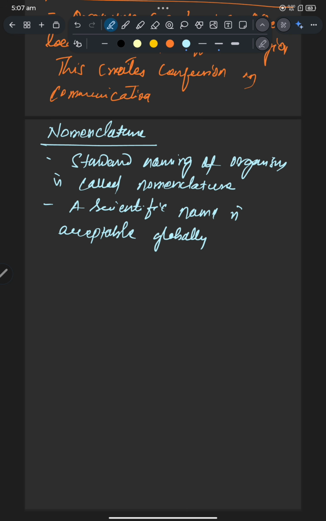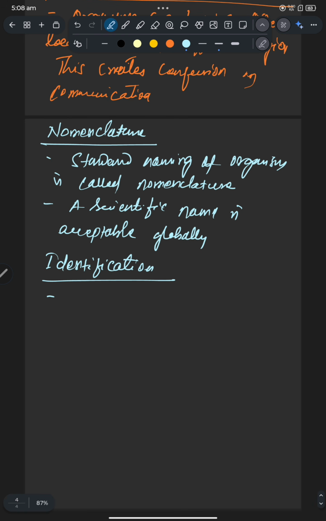Now the next question arises. When will we give them a name? Unless and until they are identified. Okay, so the next step comes: identification. So what is identification? It is recognizing and correctly describing an organism.